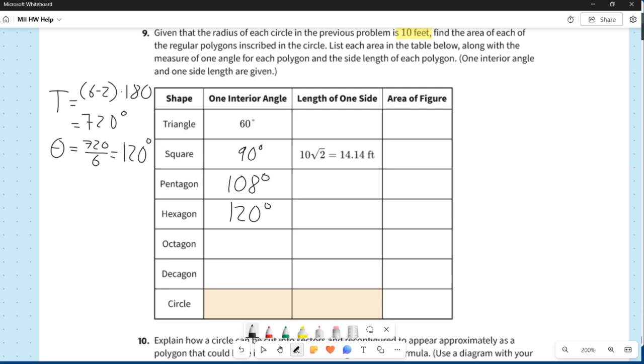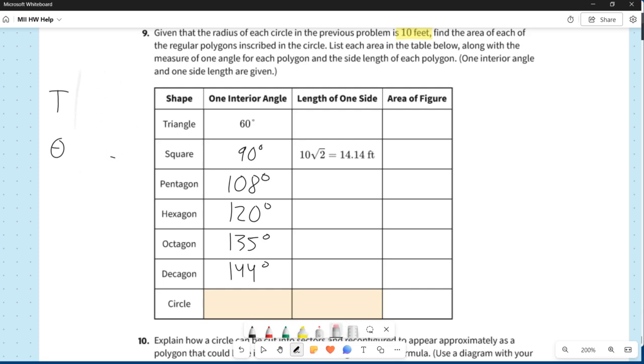I'm not going to show out the rest of them for octagon and decagon. Octagon is an 8-sided figure, so when you do all of the arithmetic, you get 135. A decagon is a 10-sided figure, so it's made up of 8 triangles. When you plug it into the same formula, you should get 144 degrees, and a circle is not applicable.